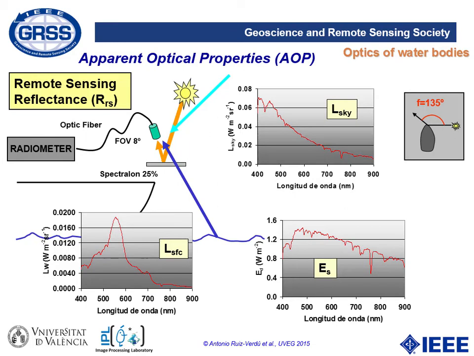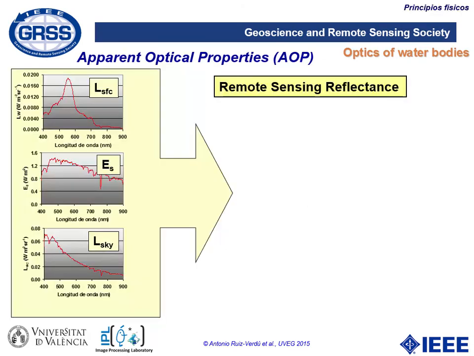That means that if we want to measure water bodies, we should avoid what is called the sun glint, the sunlight that is being reflected specularly by the surface of water. And this can be achieved by measuring at angles of 90 degrees or better 135 degrees away from the sun. That means an azimuth angle of 90 to 135 degrees.